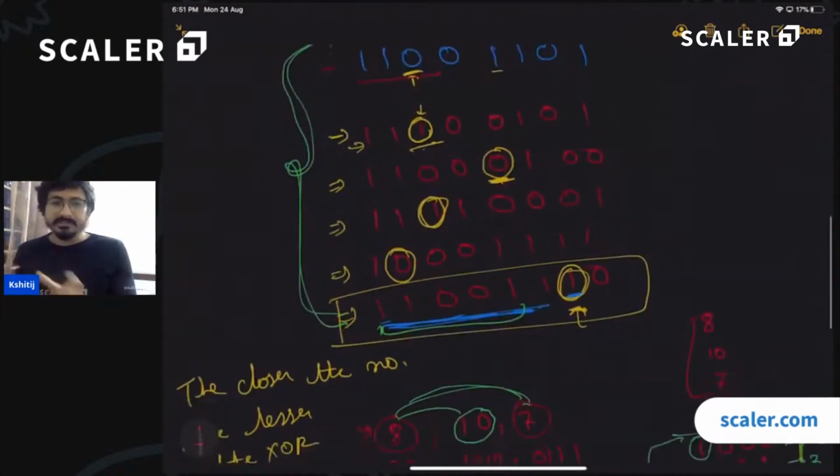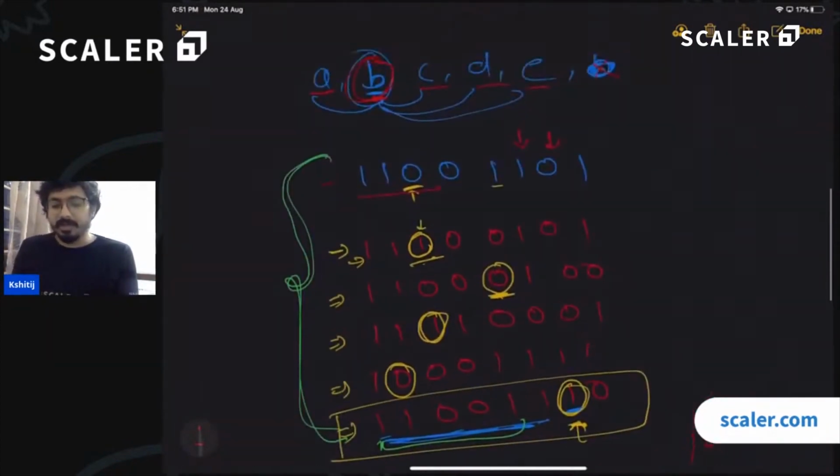Because out of these two, one of them is going to have the maximum number of similar bits on the left side.